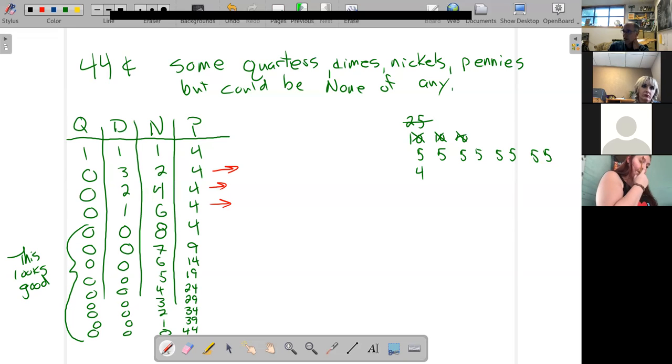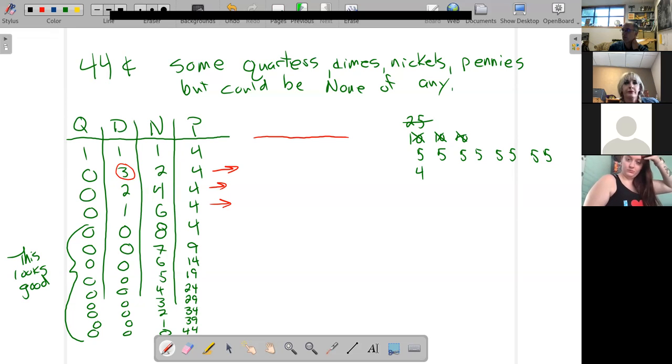So I'm going to branch out each of these other options here. I'm going to make another table off to the side, starting with the next step from here. My point is I'm going to leave the 3 there and see what happens with just the nickels and the pennies.